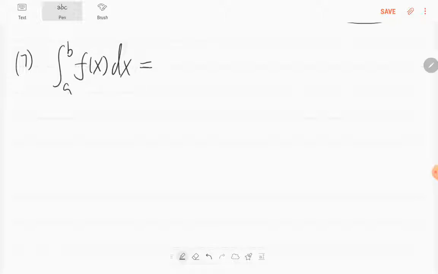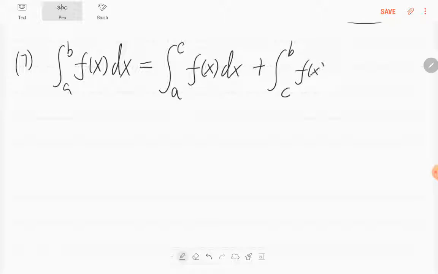Property 7 says the integral from a to b of f of x dx is equal to, we can plug in a number c, the integral from a to c of f of x dx plus the integral from c to b of f of x dx, where c is any number.